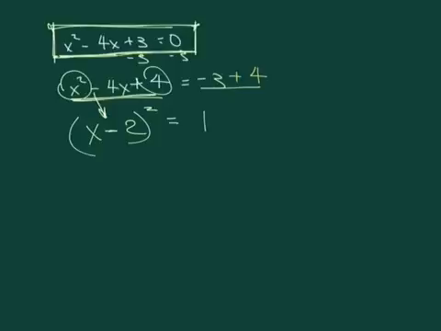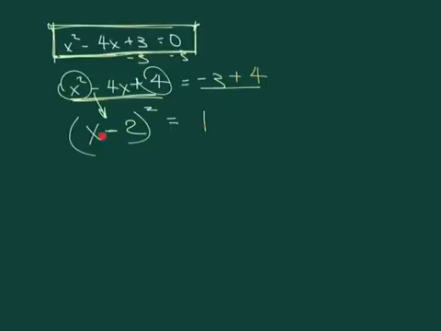Okay, see what I did? Go over it again real quick. When I get it into a perfect square trinomial, I take the square root of the first term, square root of the second term, and put this sign right here, parentheses, squared equals whatever negative 3 plus 4 is, and in this case, it's 1. Okay?